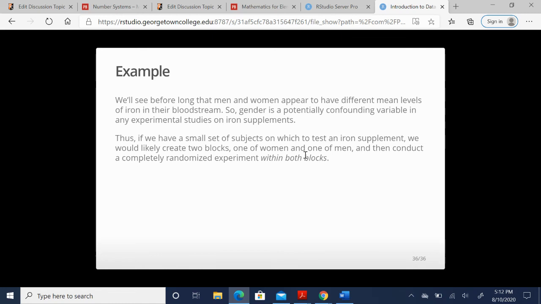We're not considering gender as part of the influence on that. So if we're trying to test an iron supplement, we would want to create both male and female blocks, because creating those blocks lets us compare men to men and women to women, so that we don't have to deal with that other variable possibly clouding our results.